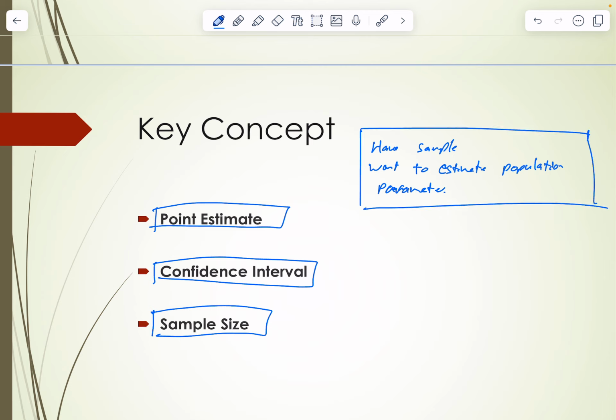That's going to be our guiding question. How do we estimate a population parameter?